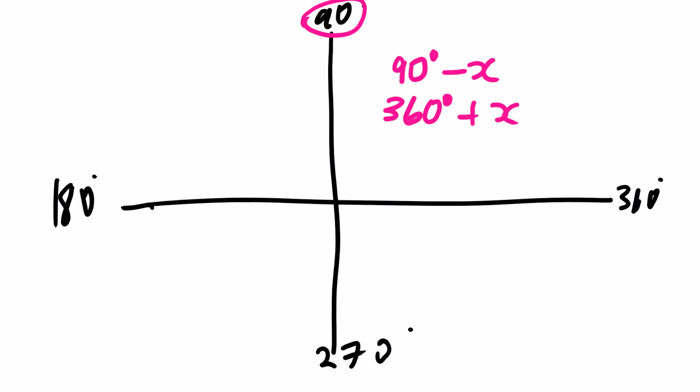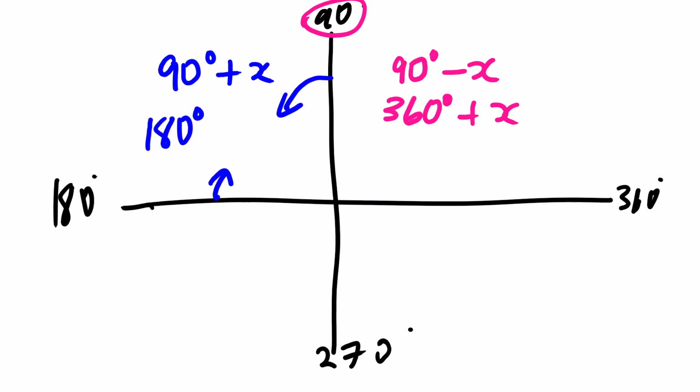Quadrant number 2. From 90, is it 90 plus or 90 minus? It will be 90 plus. And then we have 180 minus x.